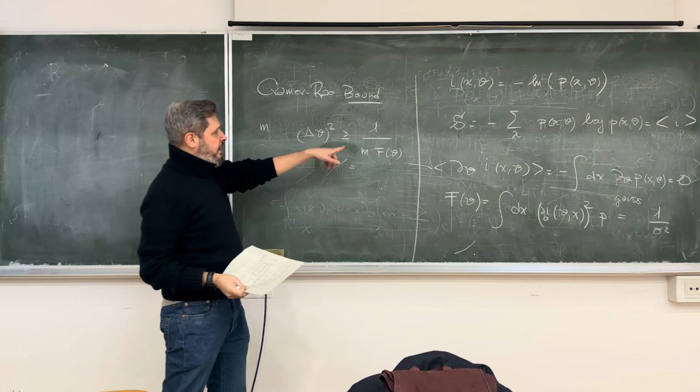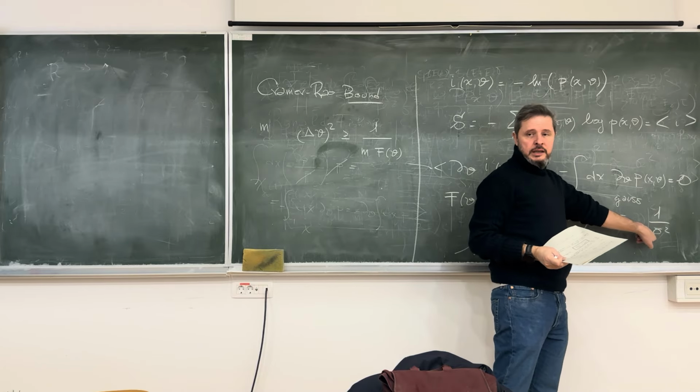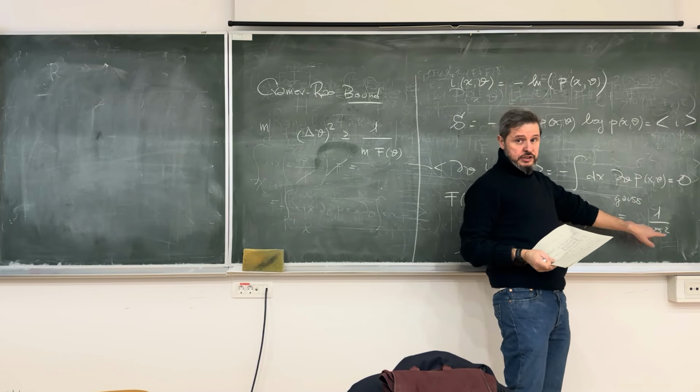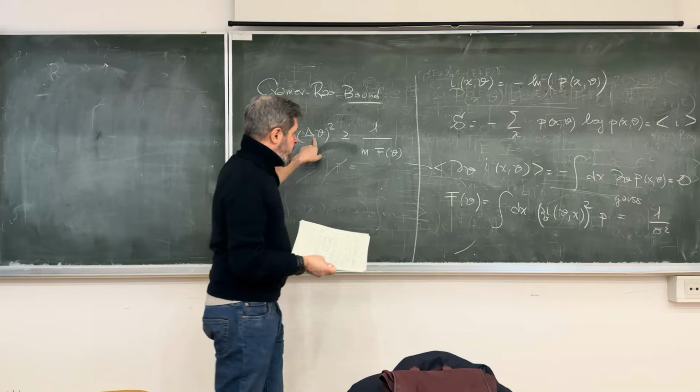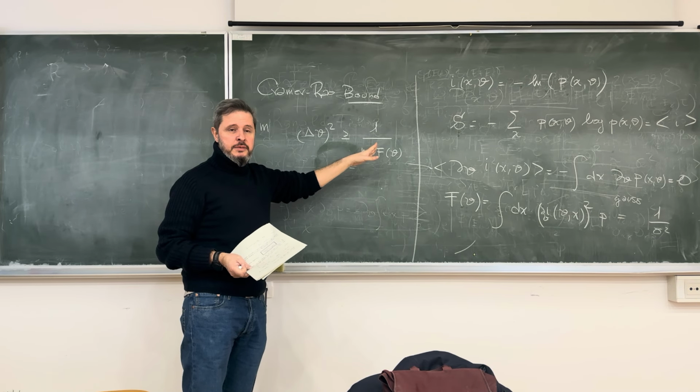So you see that in the case of a Gaussian distribution, this is greater than or equal to sigma squared divided by m.